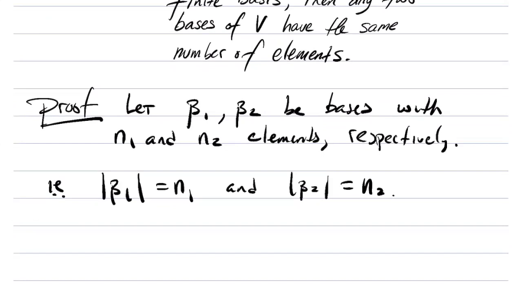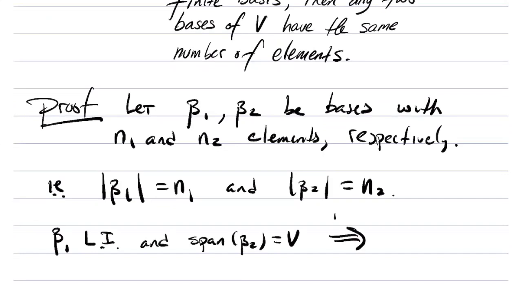And now beta 1 is a linearly independent set, and the span of beta 2 is V. So by the replacement theorem, we know that n1 is less than or equal to n2. Any independent set has no more elements than any spanning set.